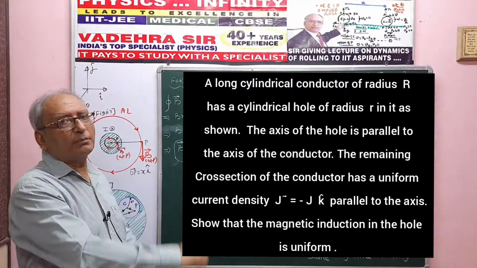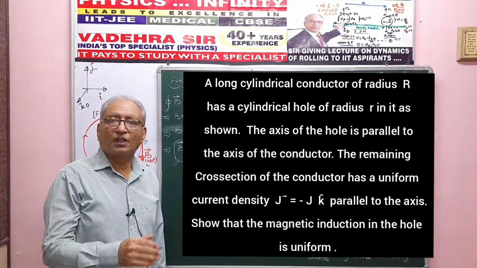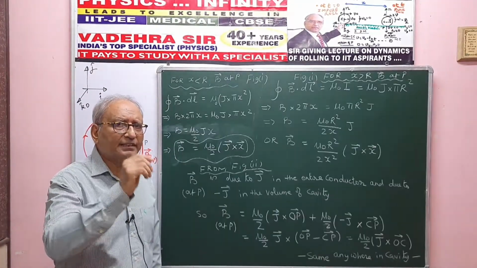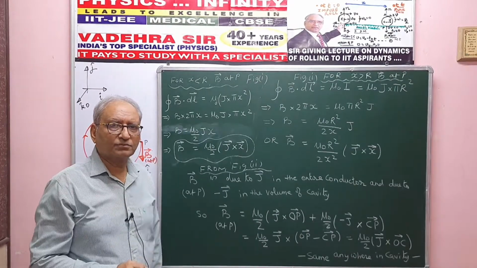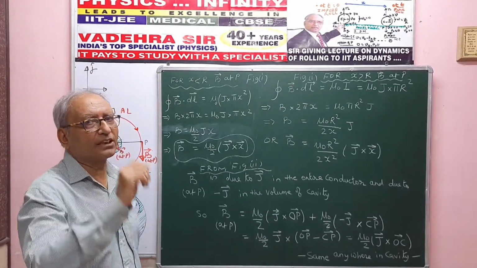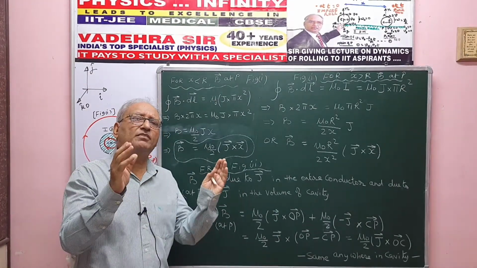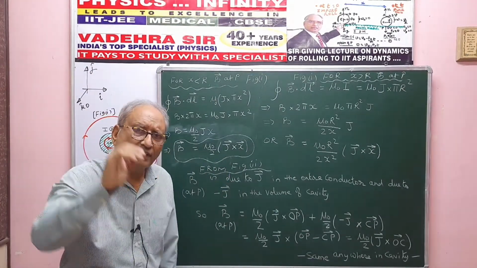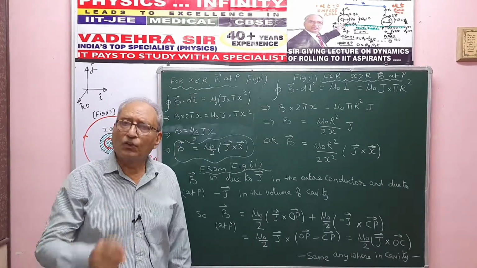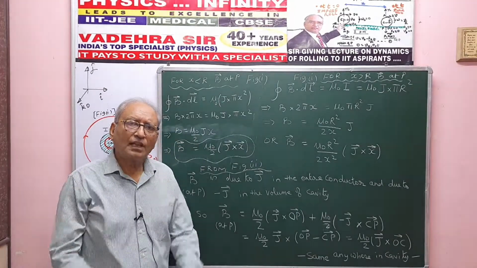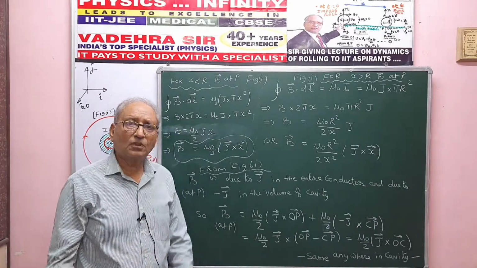But to tackle this problem, I first have to consolidate my understanding of Ampere's circuital rule. It appears to be very simple, but it is one of the fundamental laws of electromagnetism and of Maxwell's equations.